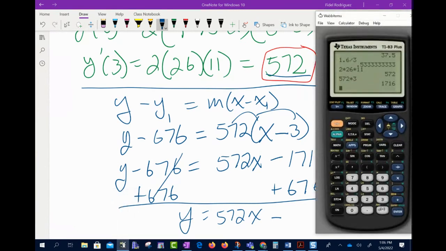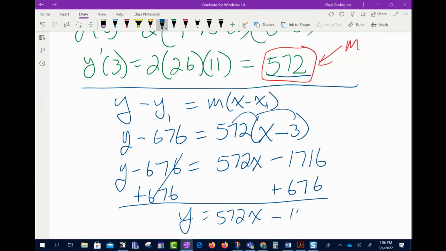Let's see, so negative 1716 plus 676, negative 1040. So, okay, I came up with y equals 572x minus 1040.